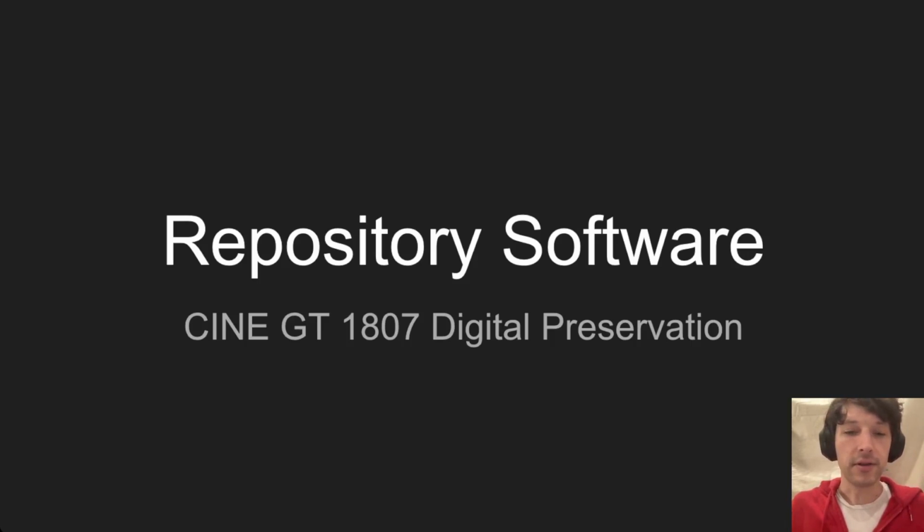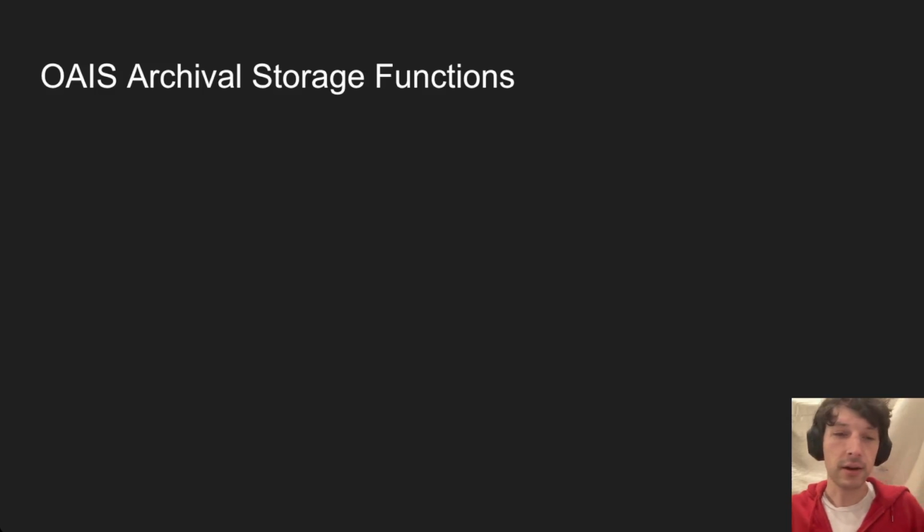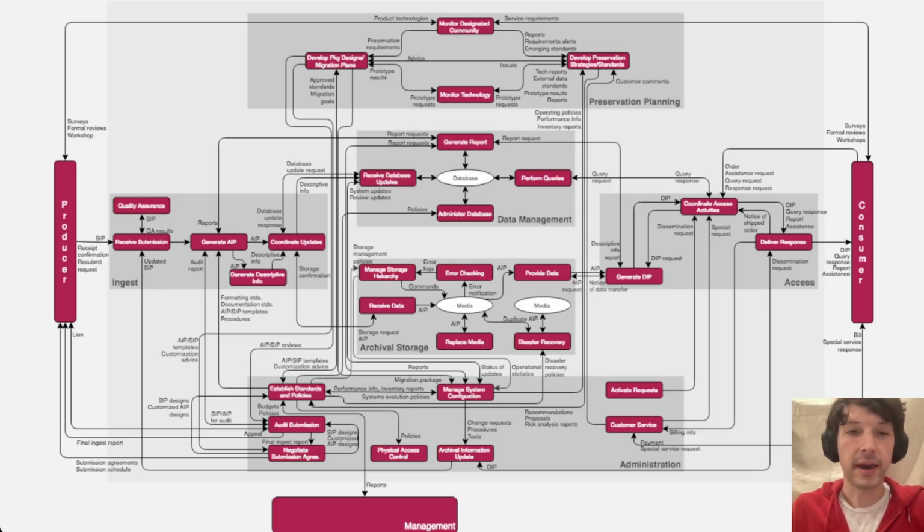All right, so we are going to be looking at these archival storage functions, and let's look at our overall system map for how we've been doing this. Now, we have this overall OAIS map. We've looked at ingest for the most part, and we started touching on archival storage as the focus for this class.